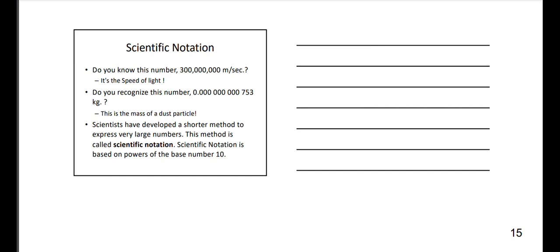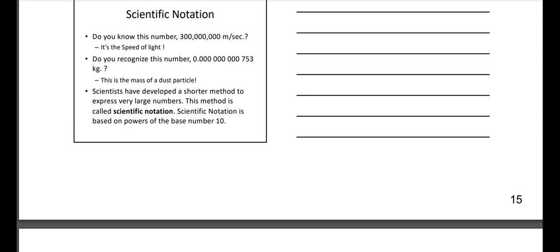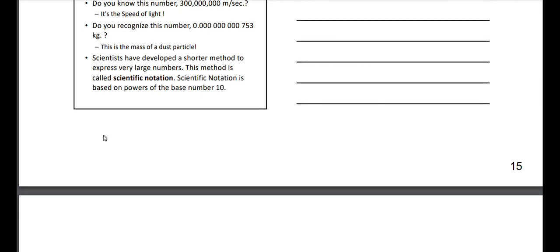But can you imagine the mass of a dust particle? You'd be sitting and counting zeros all day long, trying to make sure that you are writing down the correct number. So that's why we use scientific notation. It also prevents error and displays the number in an easier way. So scientists have developed a shorter method to express very large numbers.